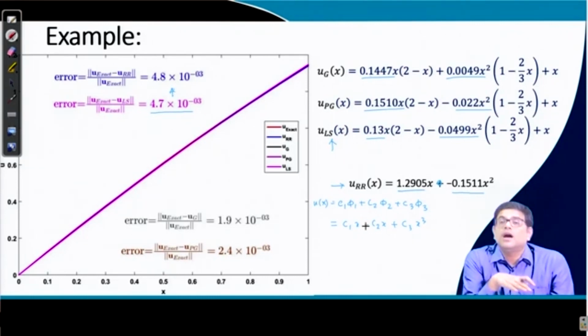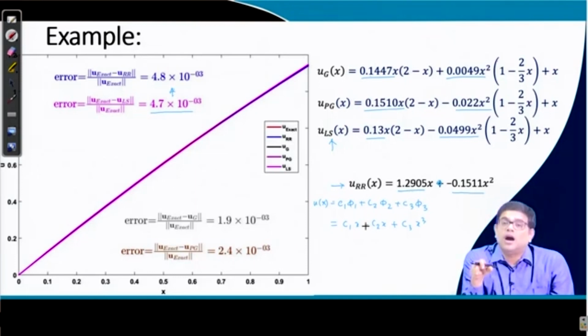This is one distinctive thing you have to note. And the second thing is that it is not necessary to perform the integration by parts in the weighted residual method. We may or may not perform it, but if we perform it, then the natural boundary condition will appear due to the integration by parts, even in Galerkin's method.